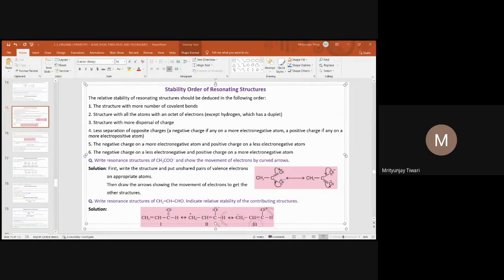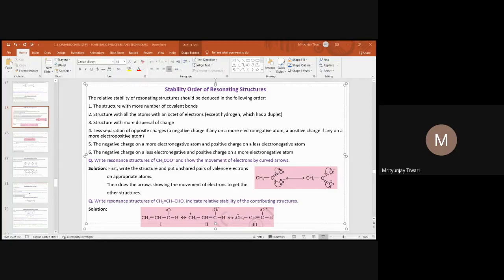The negative charge appears because of the plus R effect only on this carbon atom and this carbon atom, so the negative charge density on these carbon atoms will be more. So the electrophile will prefer to come at these three positions.